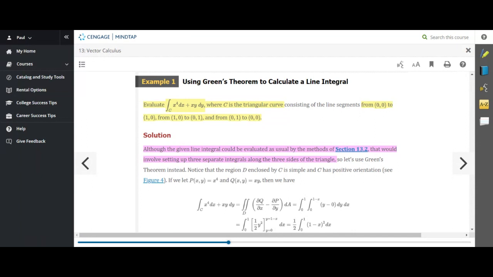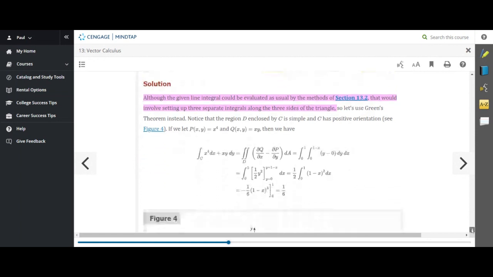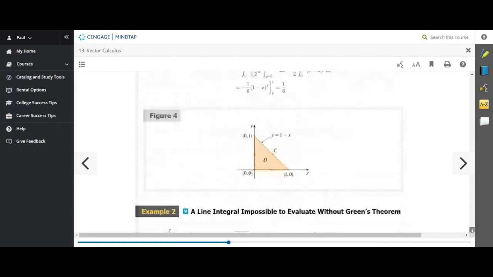But remember in those instances, the paths were not closed, so you had to find the line integral that way. But if you have a closed path, you can use Green's theorem. And that's what they do here.